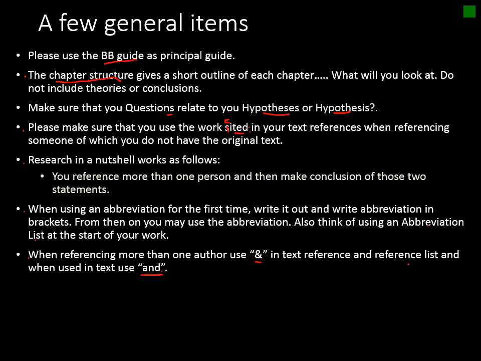If you're saying it is said that this is the case, and then you have your two authors, Sigli and Sigal, in brackets, then you use your ampersand sign, and in your reference list you use the ampersand sign.